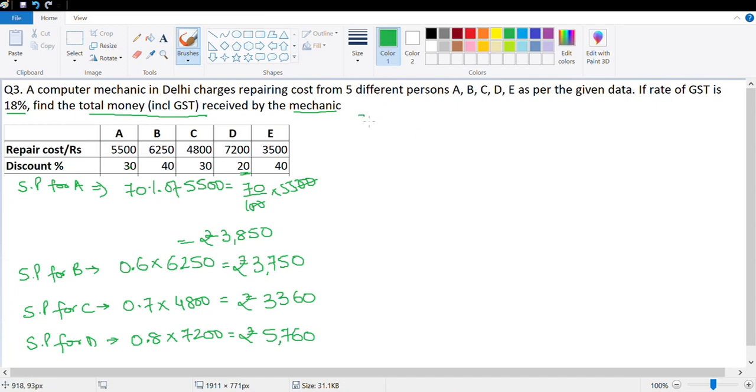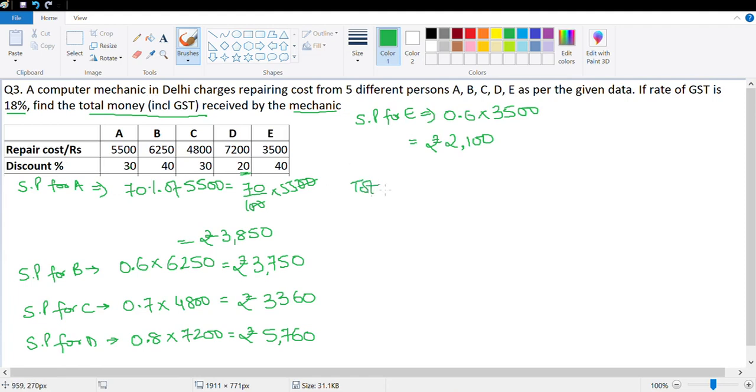That's 5,760. And let's calculate SP for E. That would be 60% of 3,500. That's 18 and 3. That's 21. So this is rupees 2,100. So this is the total SP for each person. How much would this mechanic make? Let's add all the SP.